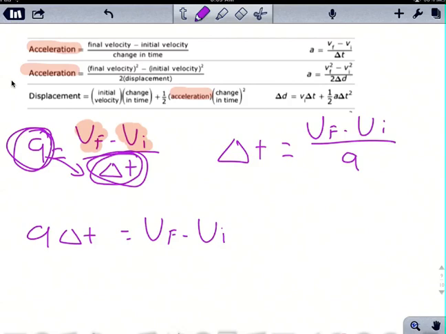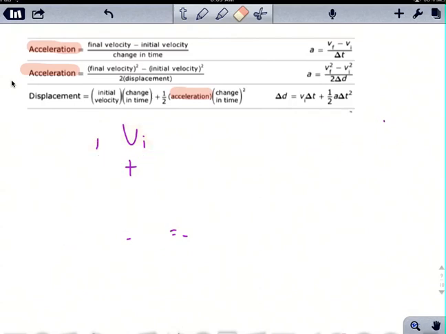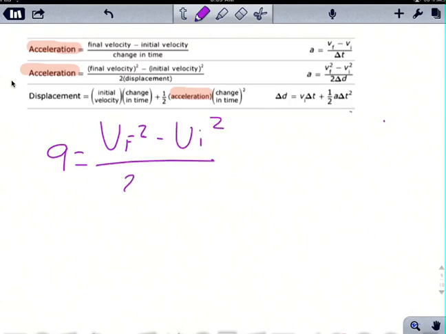Other tricks that we can have come from looking at our other acceleration equation. We see that we have acceleration equals final velocity squared minus initial velocity squared all over 2 times the change in displacement.